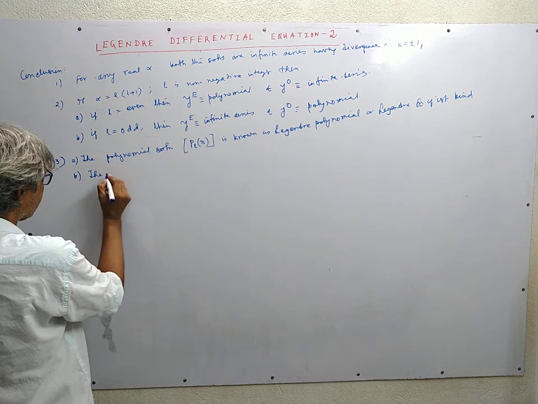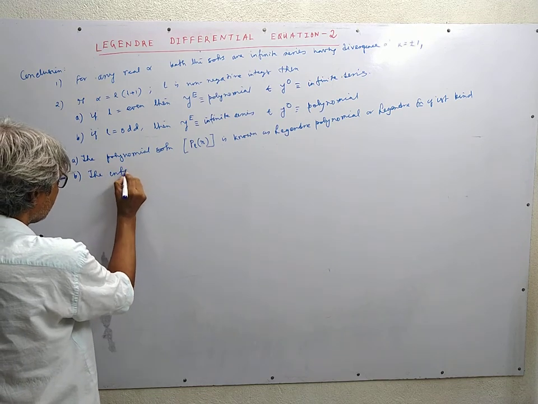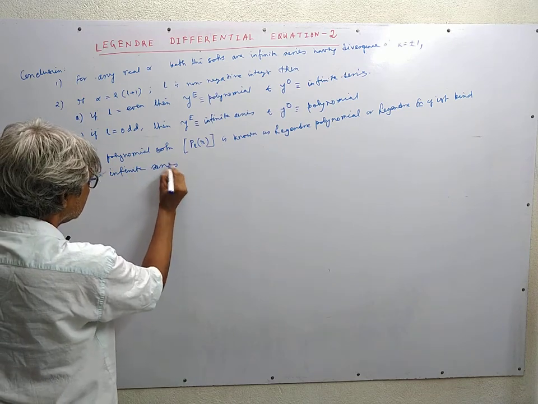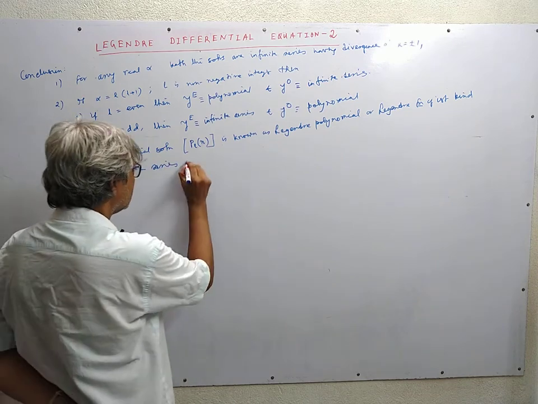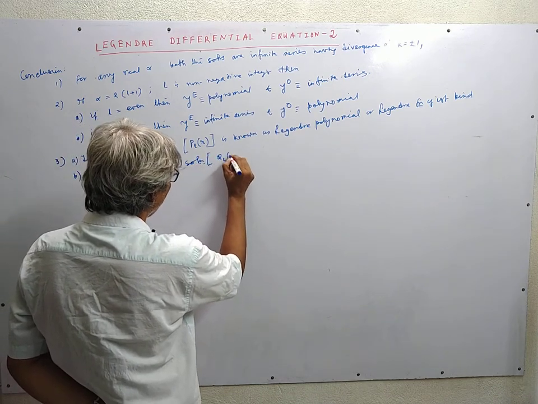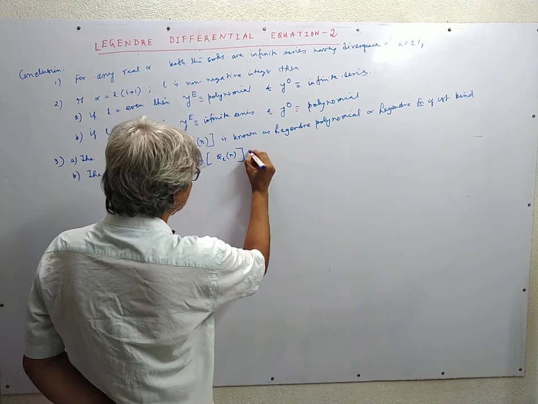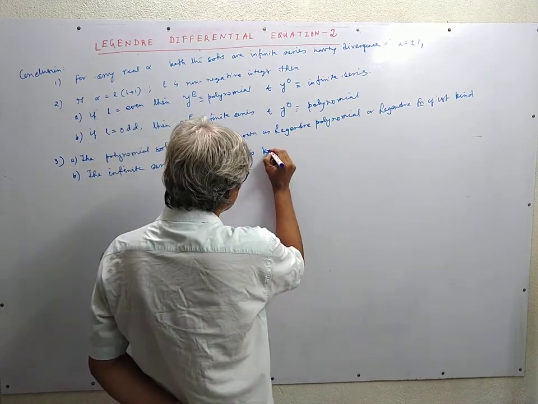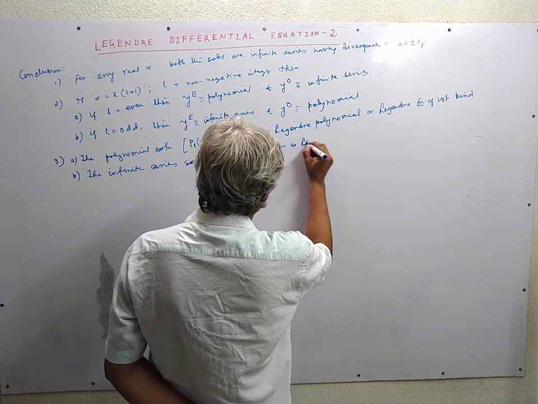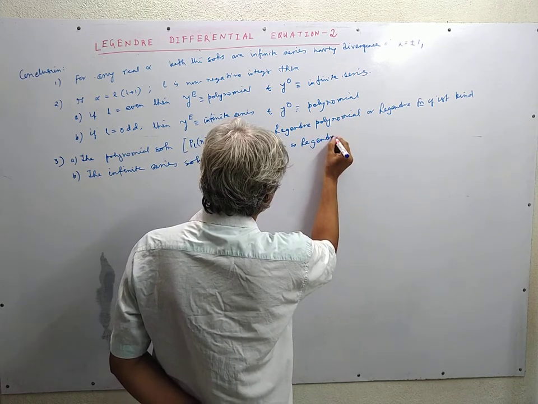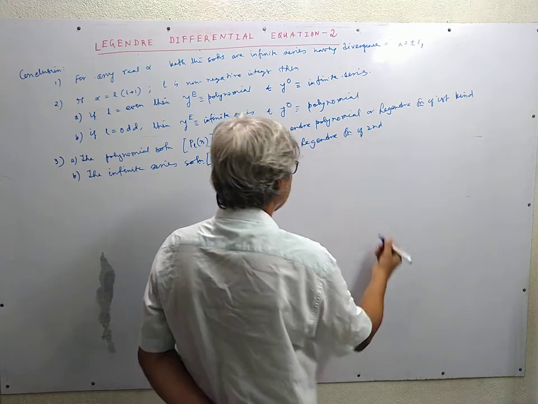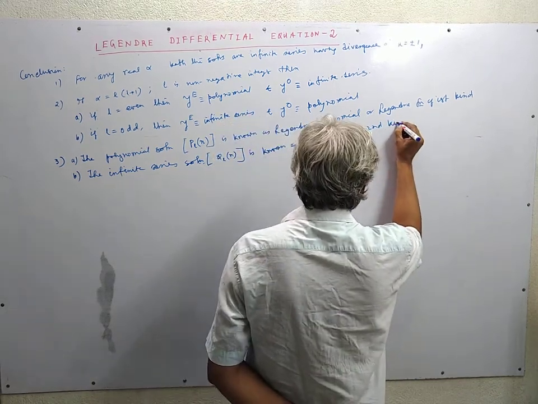The infinite series solution, which is denoted as QL of x, is known as Legendre function of second kind. This is not a polynomial.